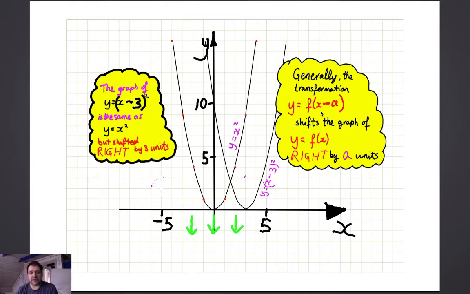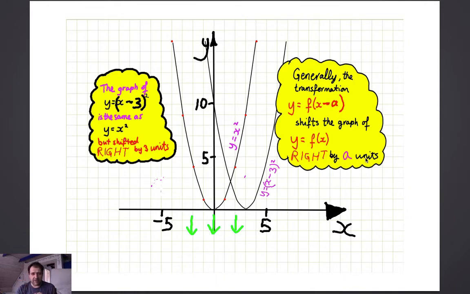So generally speaking, if you've got some function y equals f of x, and you subtract some number from the x before you apply the function to it, to get y equals f of brackets x minus a, then it shifts it to the right by a units.